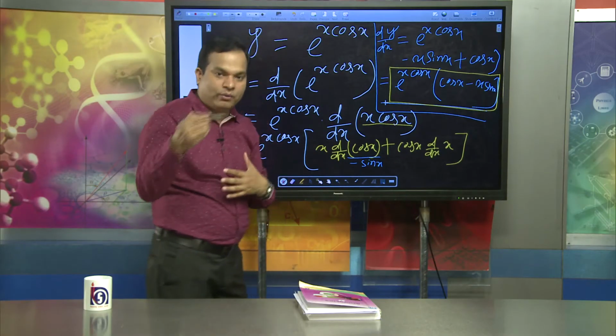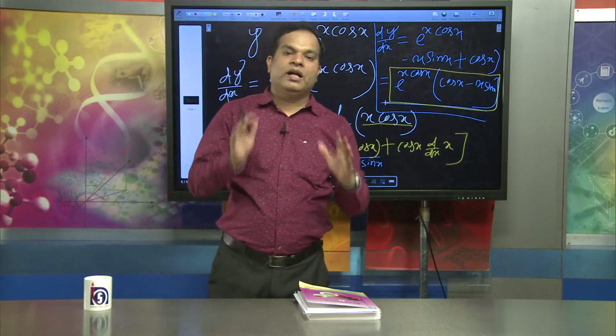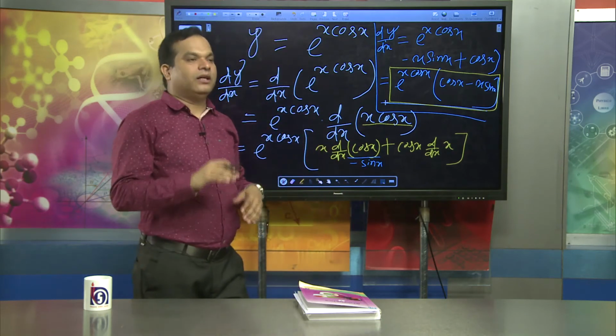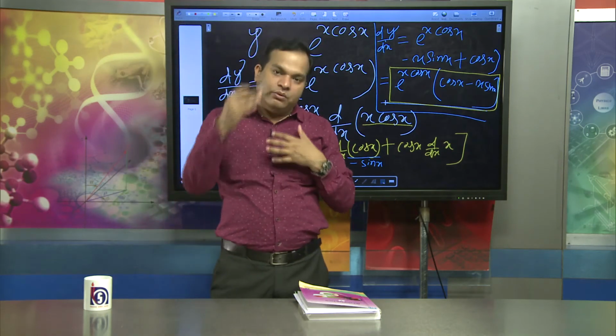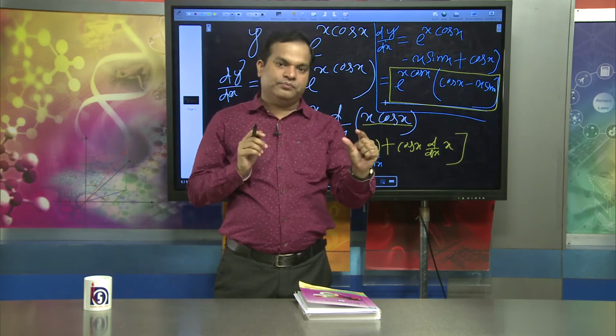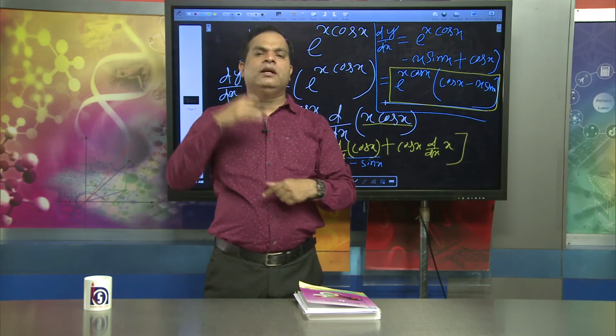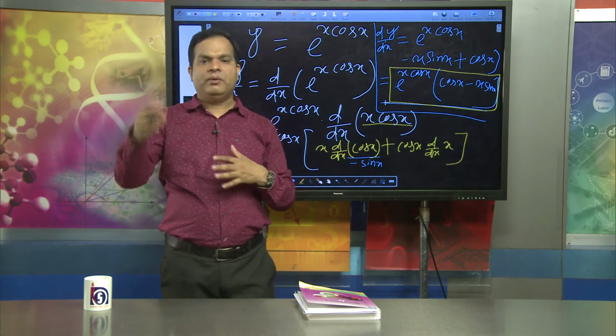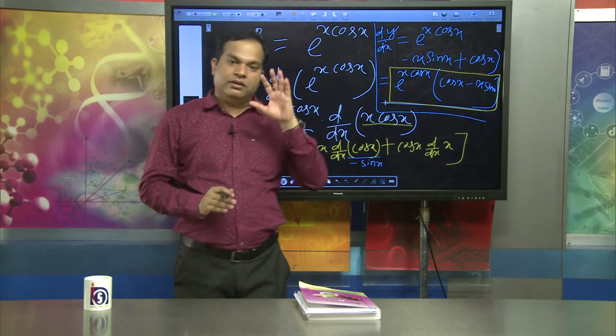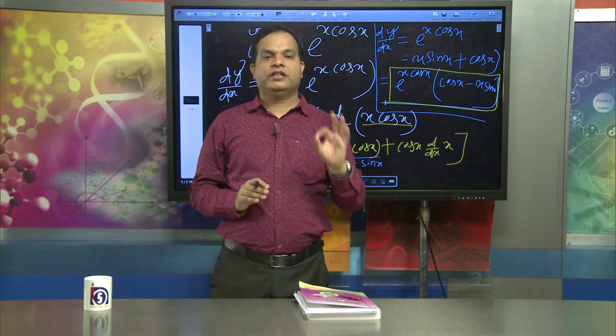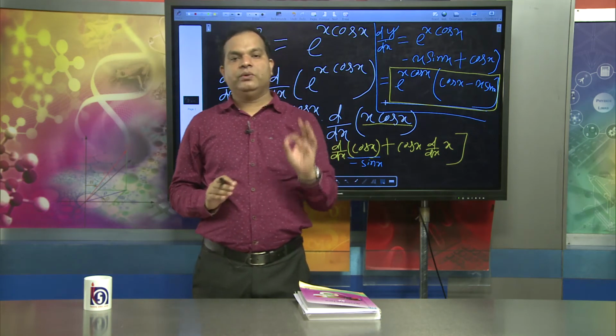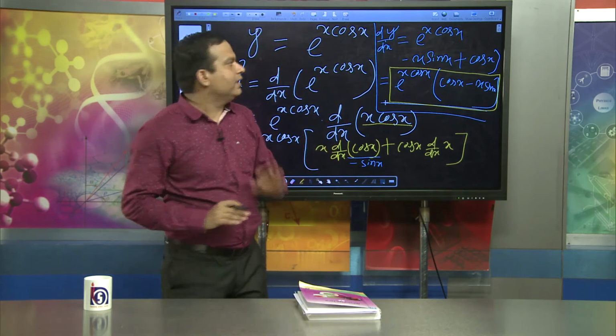Okay. This is the way to find the derivative of an exponential function. And similarly, you can apply the same formula of the exponential function in different problems based on exponential functions. But this is the formula: derivative of e raised to the power x is equal to e to the power x. Okay, that is very important.